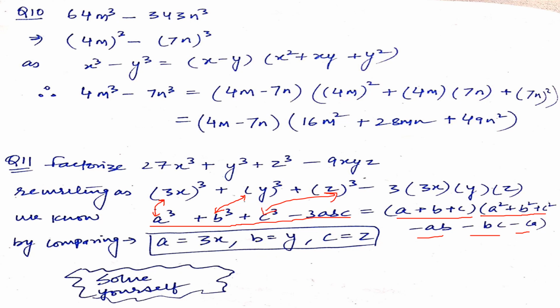Now just put the values of a, b, c in the right hand side and you have your answer. It is not difficult. After finding the values of a, b, c, we have to put these values in the main formula, that is the right hand side. So you have to solve it on your own. I hope you can solve it. Kindly solve.